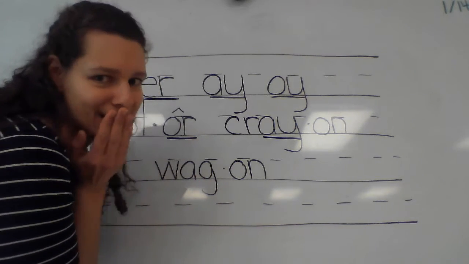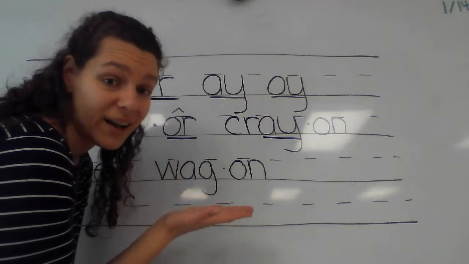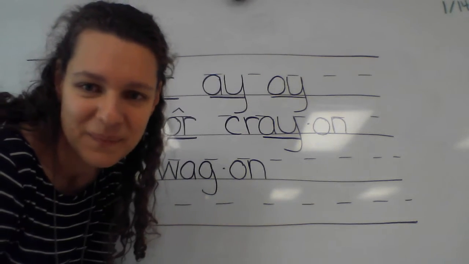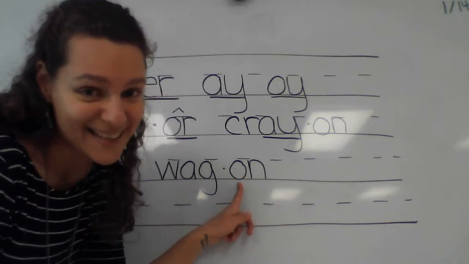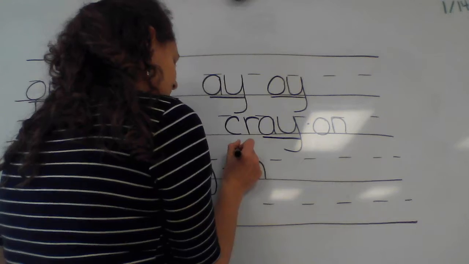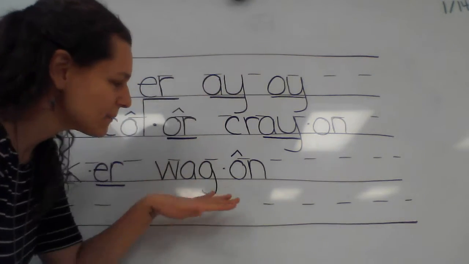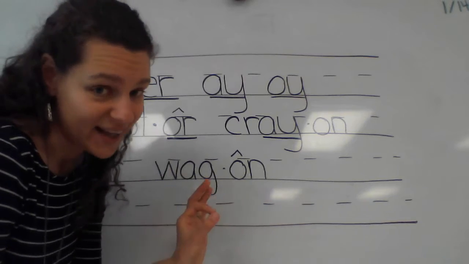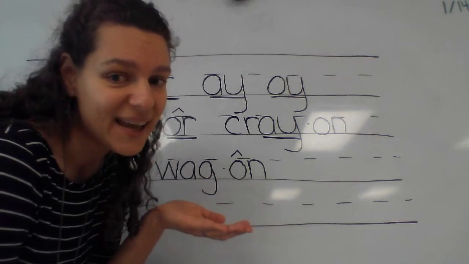That's how we say it when we're talking. Wagon is how we say it to spell it. Class, what's going to get our thinking cap? Excellent, it's our o. So go ahead and put the thinking cap on top of there. One more time, class. How do we say this word to spell it?